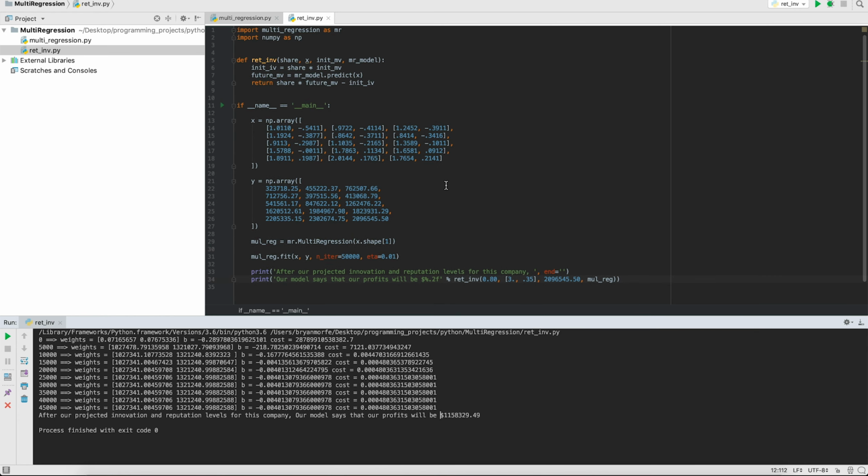Of course, it's not that easy to have a reputation and innovation level like this in a way that you can code a multi-regression, but as we move on and we go into more detailed things such as neural networks, you will see that there are actually very good ways in which you can use that for financial purposes, even though it can be used for a much broader field than just finances.